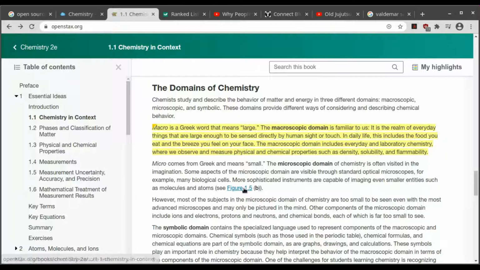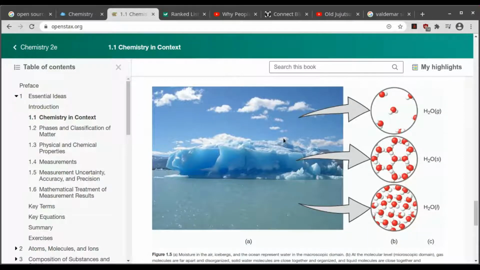This is a macroscopic version where you can see it. Microscopic, with the naked eye, you can't see the individual molecules, but they're there. And with sophisticated enough equipment, you could see that. And here, this is the symbolic domain. We're getting to that. H2O, H being the symbol for hydrogen. There's two of them. O being the symbol for oxygen. Okay, so that's micro. We're going to highlight all of this and put the microscopic domain.